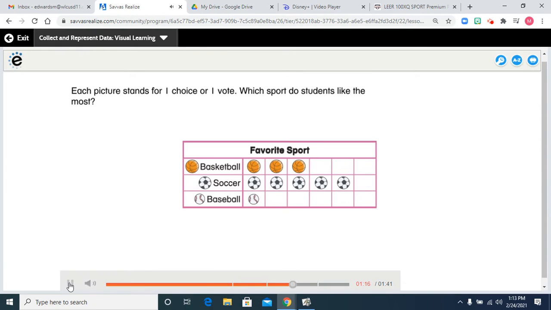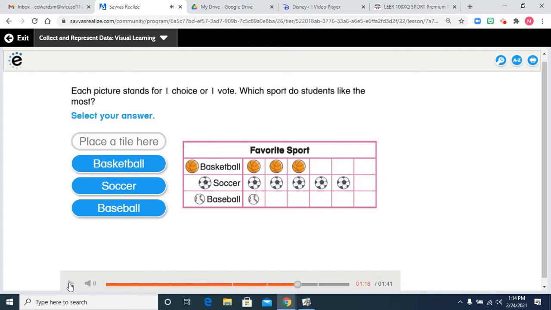Which sport do students like the most? Select your answer. If you look at the picture graph and we count basketball votes first, there are 1, 2, 3. Soccer votes, there are 1, 2, 3, 4, 5. And baseball votes, there are 1. So which sport do students like the most? Well, soccer had the most votes, so it would be soccer.